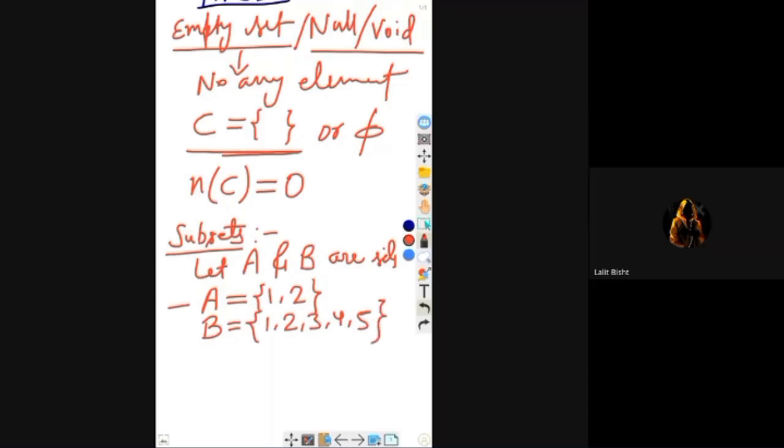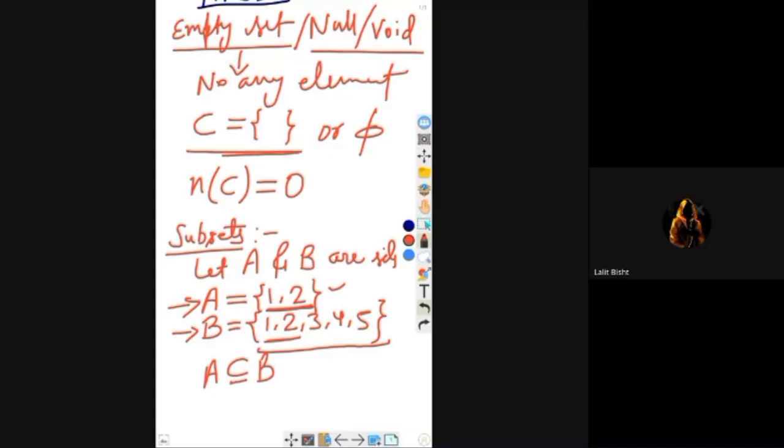You can see these elements in A as well as in B, and B is greater than A because B has 5 elements and A has only 2 elements. Then we can say that A is a subset of B.